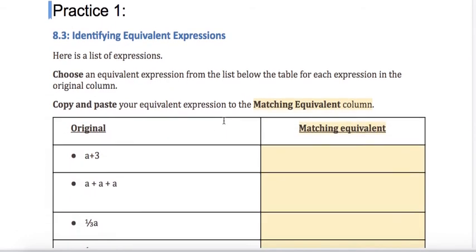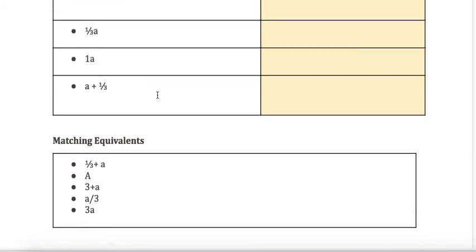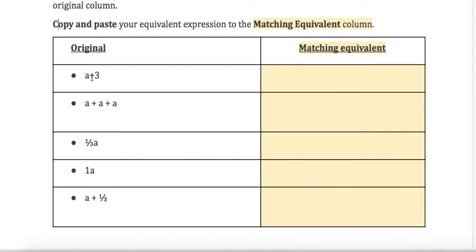Once you finish this, you're going to go down to practice 1. It says, here is a list of expressions. Choose an equivalent expression from the list below the table. That's down here. Then copy and paste your expression to the matching equivalent column. So I'm going to look at this. A plus 3.